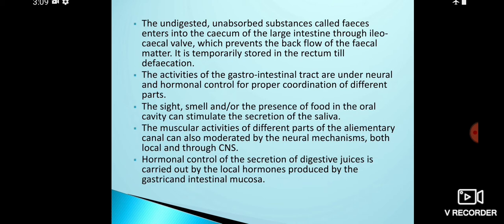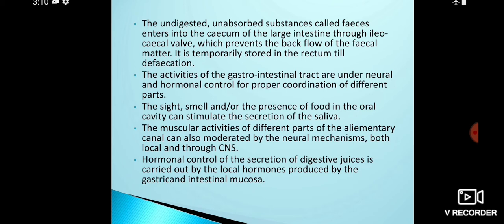I said that whatever food enters inside your alimentary canal, that is with respect to the oral cavity or with respect to the stomach, there the muscular activities are going to take place. Okay, so muscular activities means contraction and relaxation of the muscles of the alimentary canal parts are going to take place.